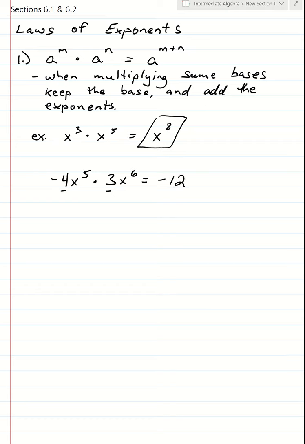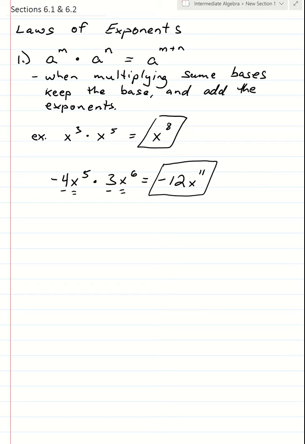But now we want to use that law of exponents because we are multiplying the x's together. That's the same base. We're going to keep the base and we will have to add the exponents. So 5 plus 6 would give us a total exponent of 11. And that would be your simplified expression.